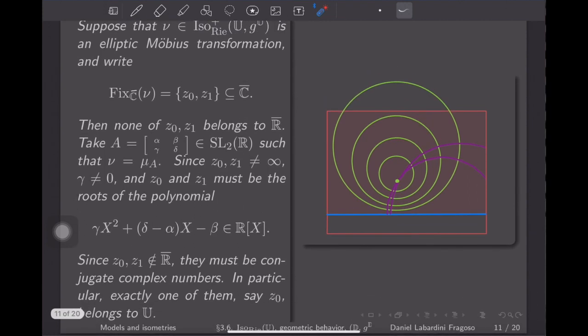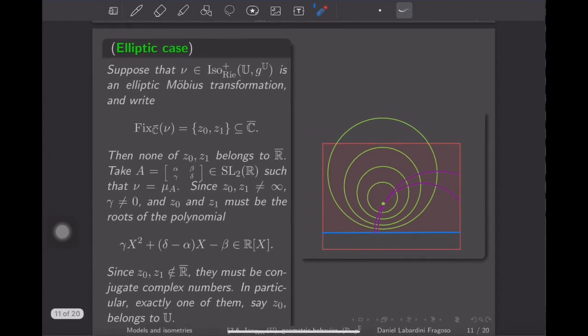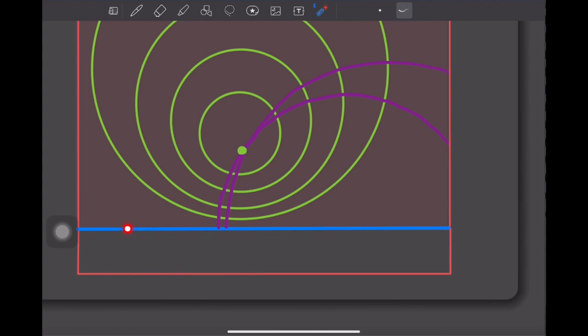So for that, take a matrix in SL2R representing the Mobius transformation. Now, these two fixed points are not infinity. Actually, none of them belongs to R bar, and the reason is this. Let's say that one of them belongs to R bar, and I look at the image of R bar under nu.